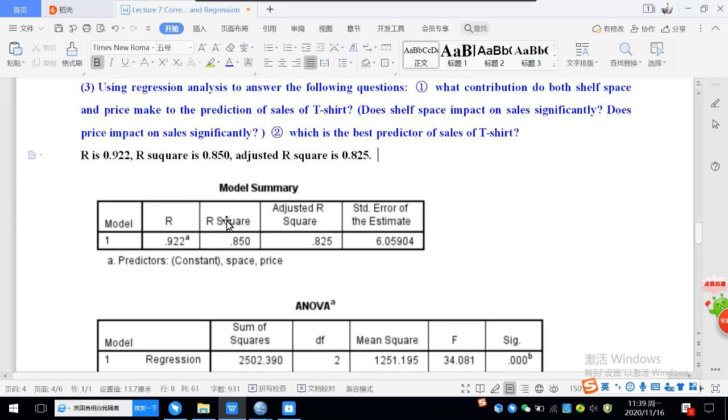Okay, here if the R equals 1, then the model can thoroughly explain 100%.